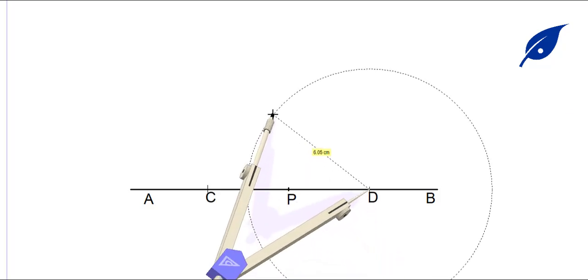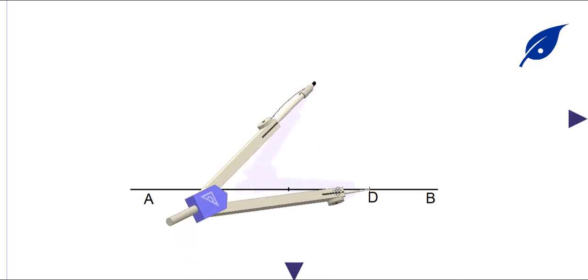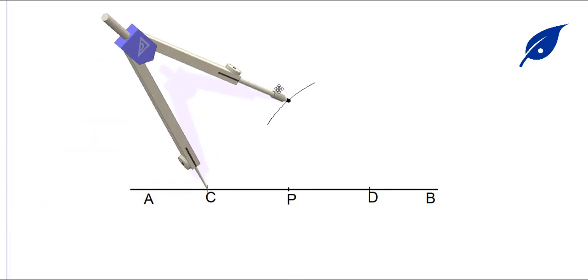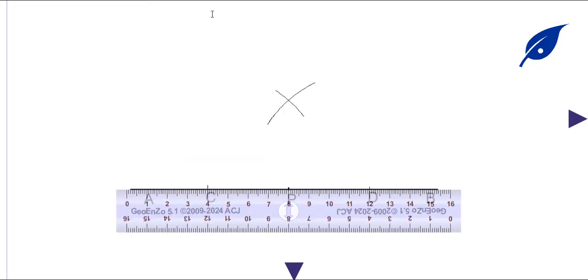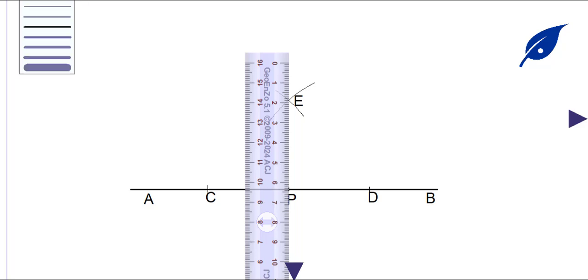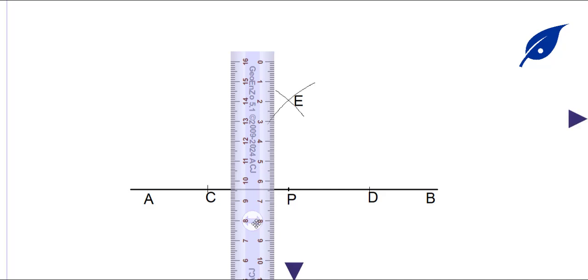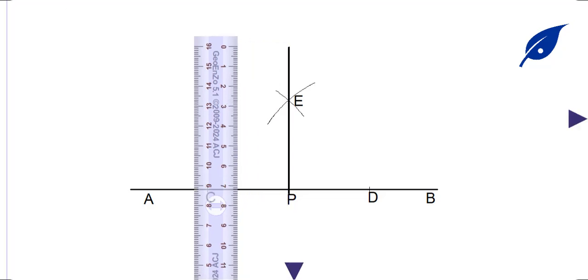With a radius of the compass more than the distance CP and PD, we will describe an arc to form the point E, and the points E and P will be connected to create a perpendicular line to line AB. So the line EP is perpendicular to line AB.